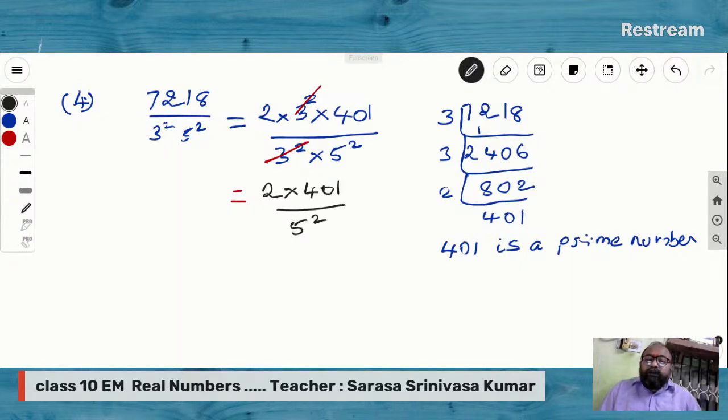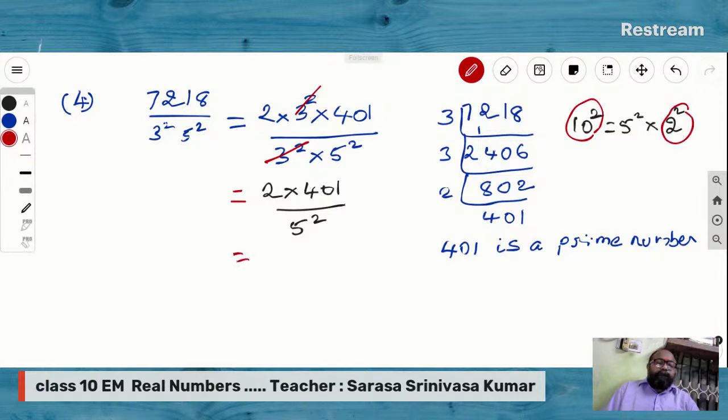Now we want to get 10 square in the denominator. To get 10 square in the denominator, 5 square must be multiplied by 2 square.